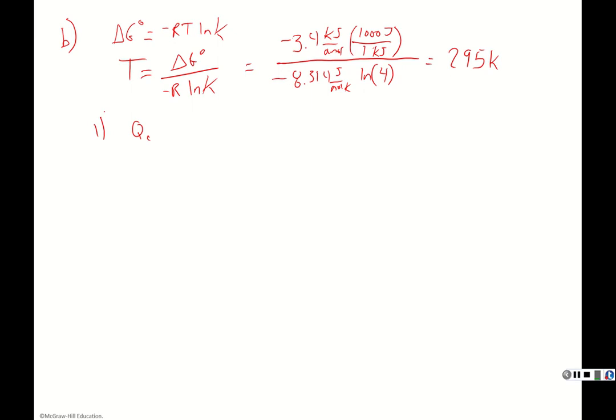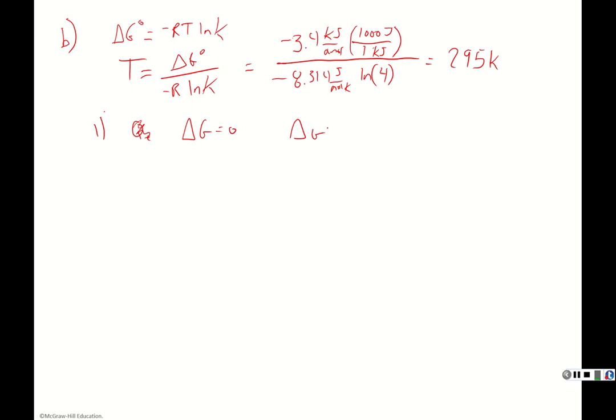So in the case of scene 1, this is at equilibrium. Delta G is 0 because it's at equilibrium.